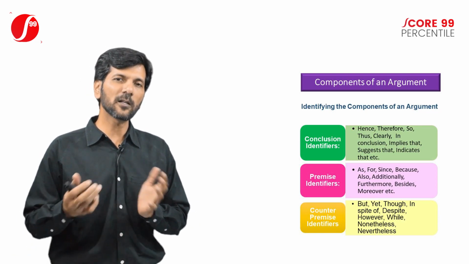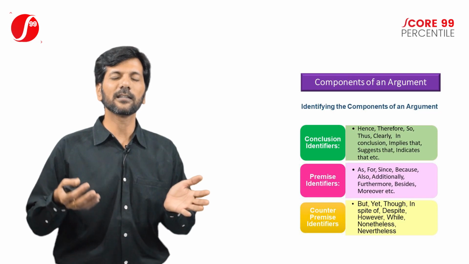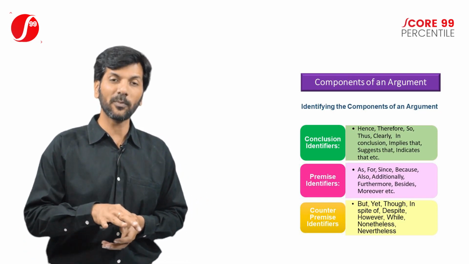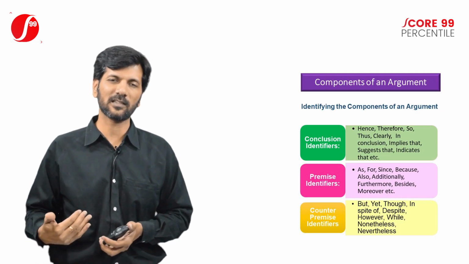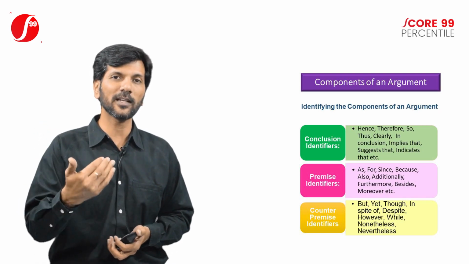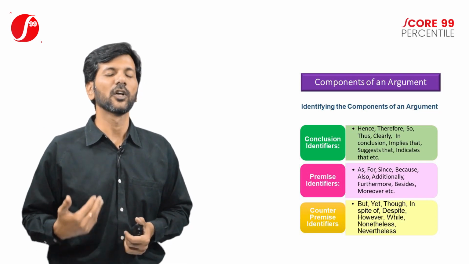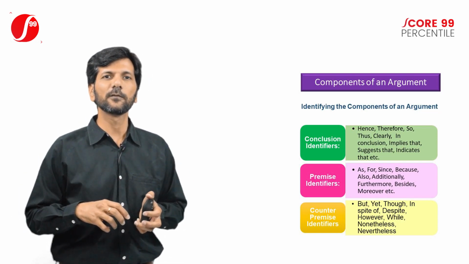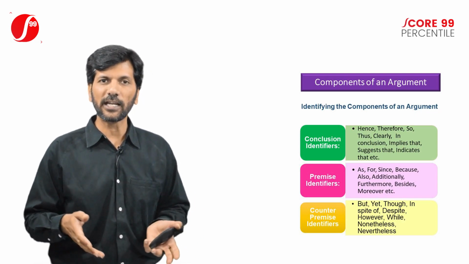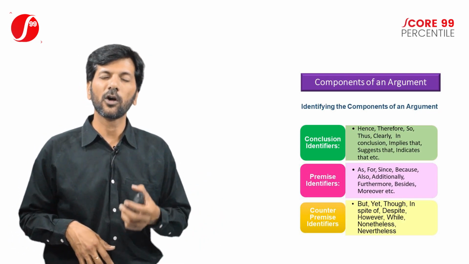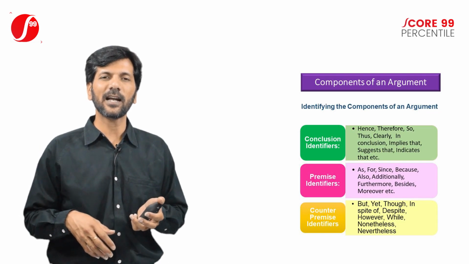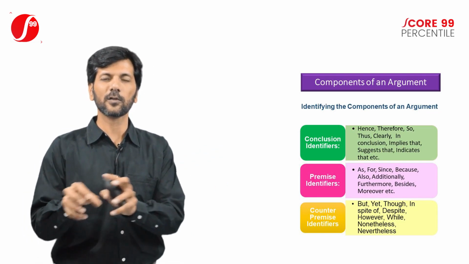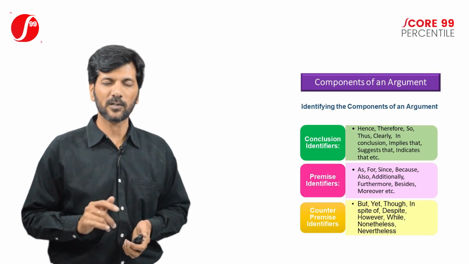So when you have multiple premises, there is every possibility that these premises are adding on to the original or main premise, and these are all subordinate premises. How do you recognize these subordinate premises? When you look at words like "and," that is a thought extension, or a word like also, additionally, furthermore, moreover, all these are indicators that I am now extending my previous thought flow, and hence this also qualifies as a premise.